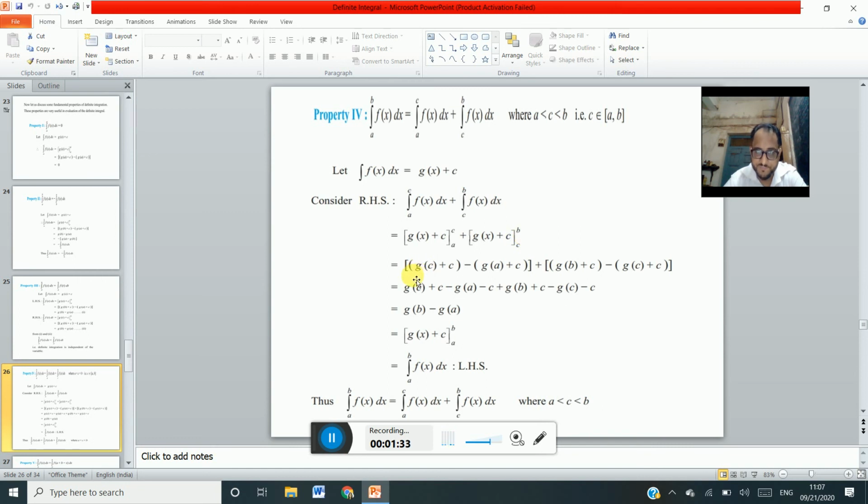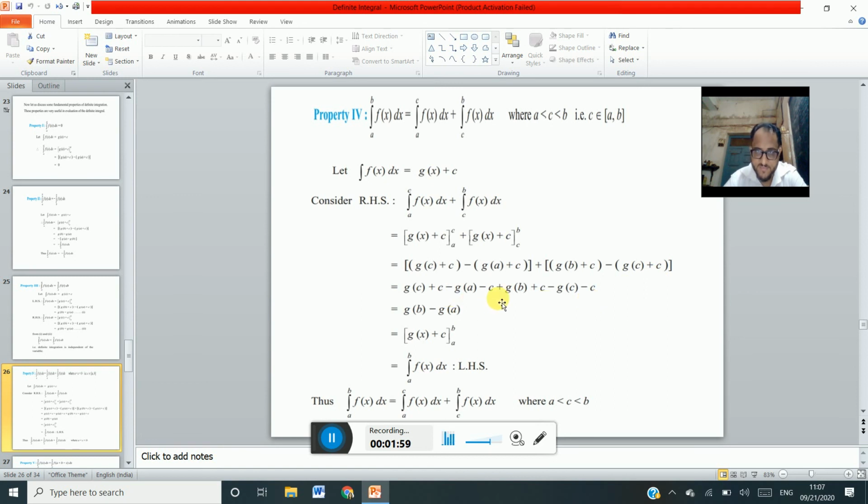Now see here, put the upper limit: g(c) plus c minus [g(a) plus c], that is the lower limit, plus here g(b) plus c minus [g(c) plus c], right? Then this is nothing but g(c) plus c minus g(a) minus c plus g(b) plus c minus g(c) minus c.